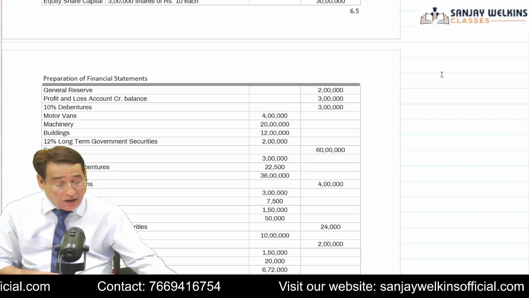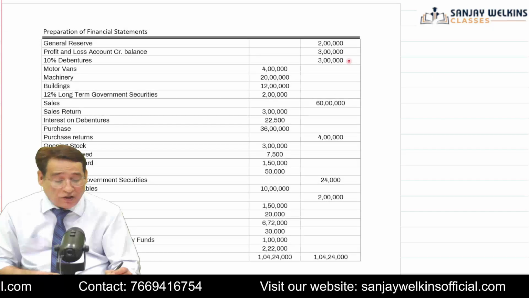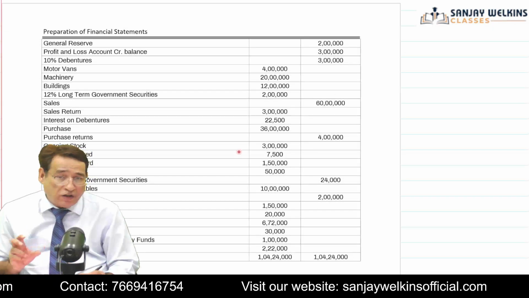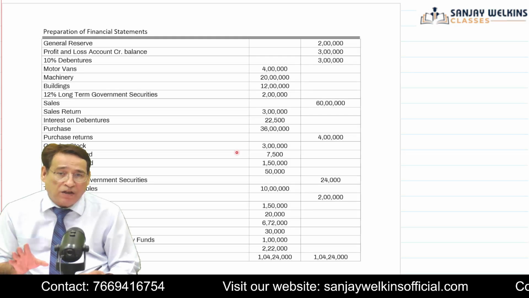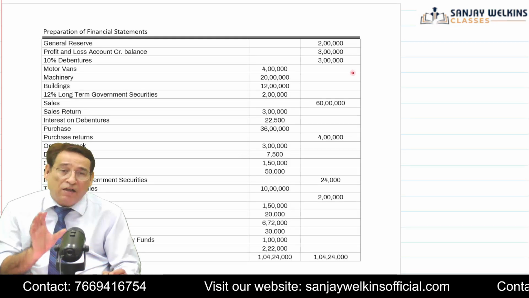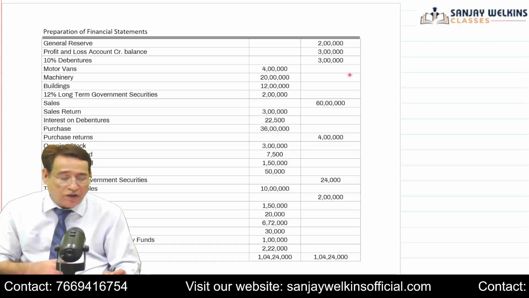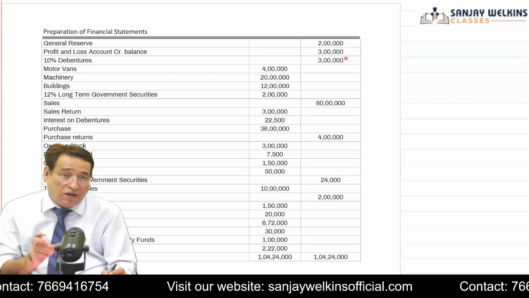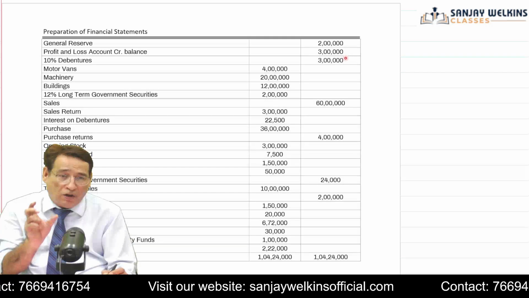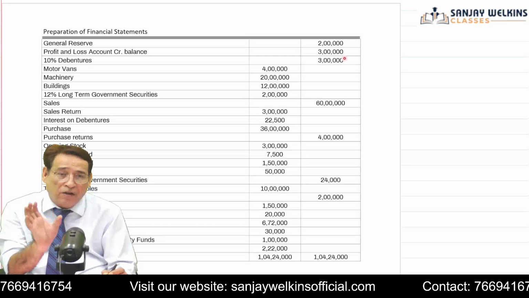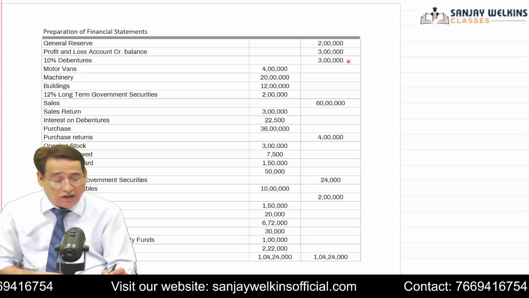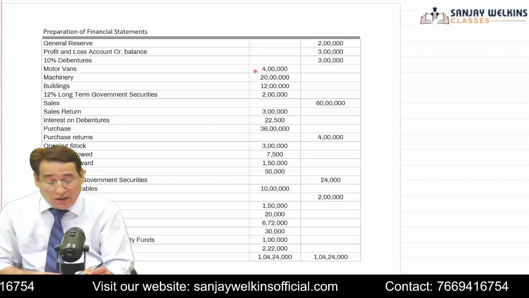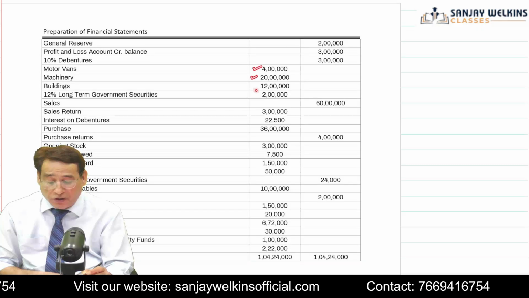Then we are being given here debentures. Debentures are 3 lakh. I just told you debentures will fall under non-current liability. At least you can write it under non-current liability, and if possible, you can also write it under a subheading. First you write the non-current liability, then write long-term borrowings, and then you put this particular item. Then we have motor vans, machinery and buildings.